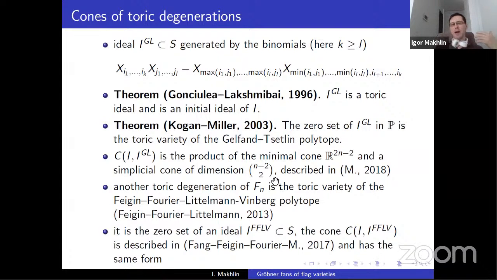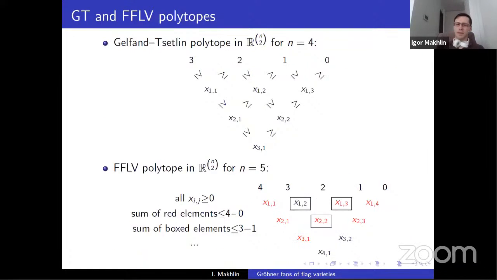I did not write down how the binomials that generate this ideal look, but there is some initial ideal, which is also generated by binomials, which we could write down explicitly, which defines a toric variety, and this toric ideal is an initial ideal of I. And here I have, very briefly, a nice definition of the corresponding polytope, so you can get a feel for what kind of toric variety I'm talking about.